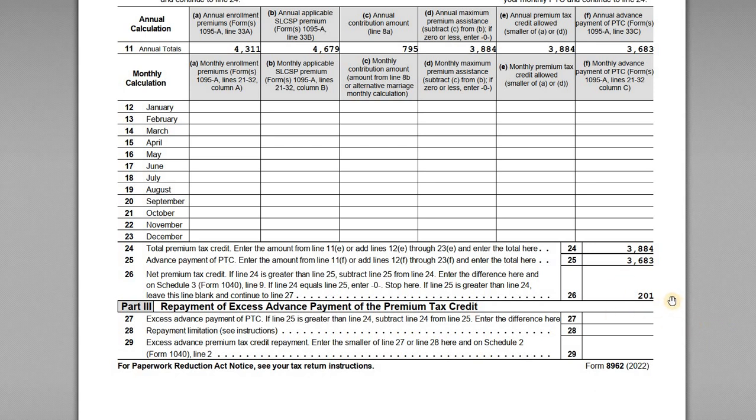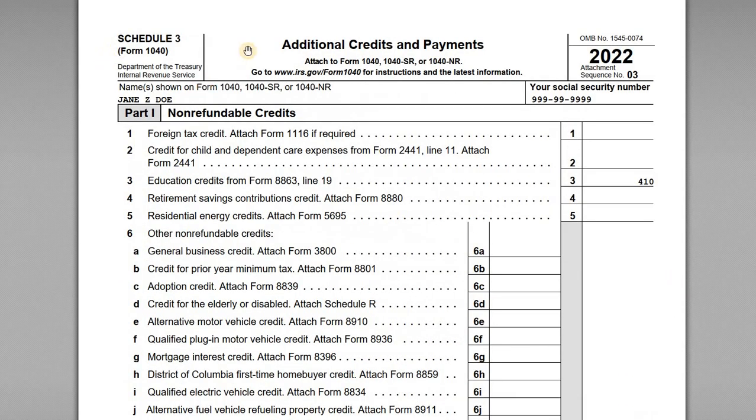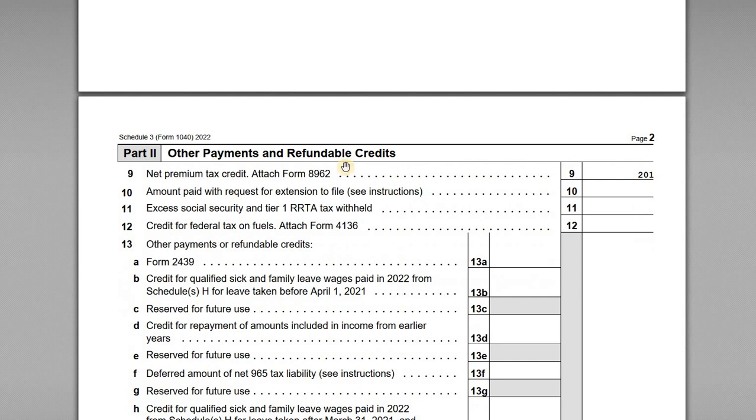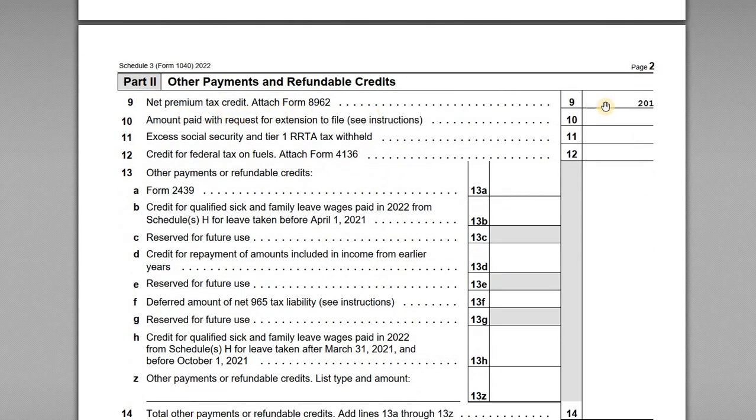Now, in our case, because we're getting a little bit more of a refund, we can report this on Schedule 3. So the $201, if I jump up to Schedule 3 here for the additional credits and payments, we can see in Part 2, we have other payments and refundable credits, the amount of net premium tax credit, $201.